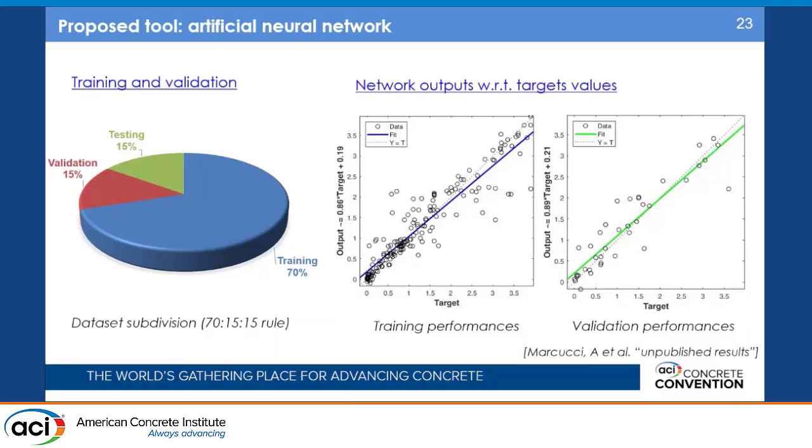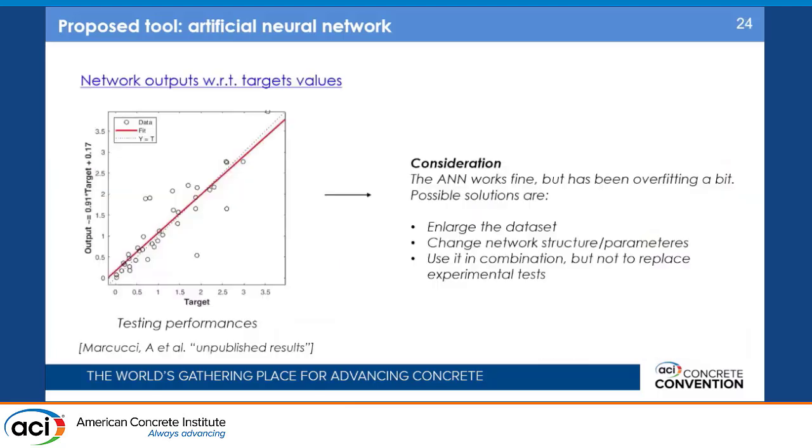And then firstly we start the training until we get some interpolation. Then with the neural network that has been trained, we start validating the results. And finally, we can test the performances to see how the neural network is able to predict new values which has never been seen before.